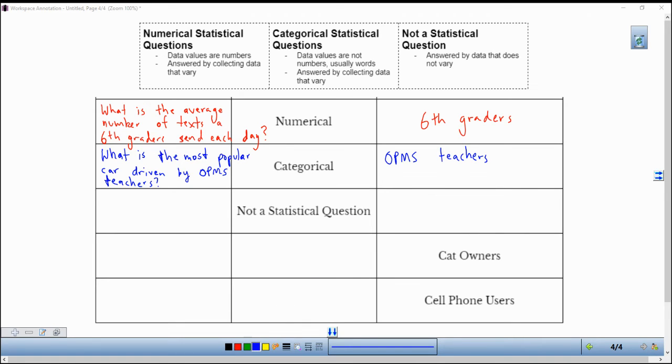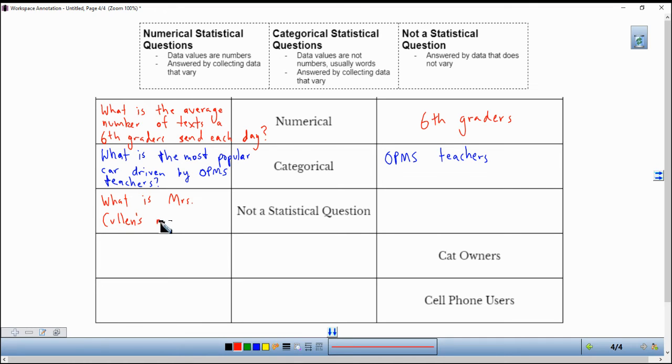Not statistical. So we're looking for a question where there's only one answer, and you can get it by asking one person. Okay, so maybe like what is Mrs. Cullen's middle name? I don't think I know it.